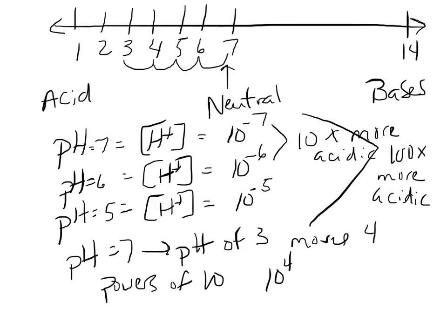Okay, or 10 to the 4th, and 10 to the 4th equals 10,000. Okay, again, count your zeros. So this is 10,000 times more acidic than a pH of 7. So that's something to keep in mind. So it is kind of a big deal when you go from one pH unit to another. It really is increasing the acidity more and more.